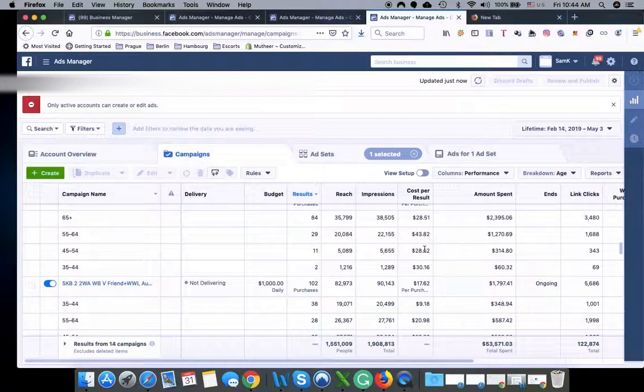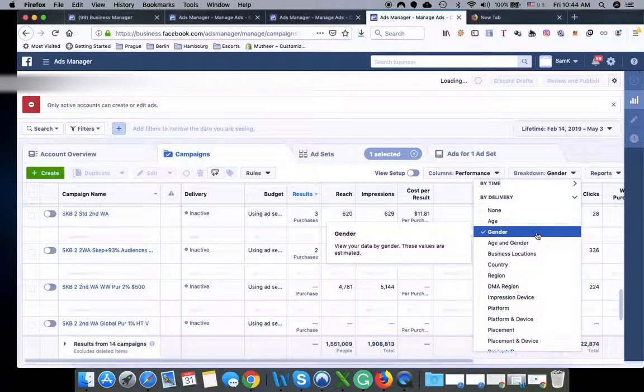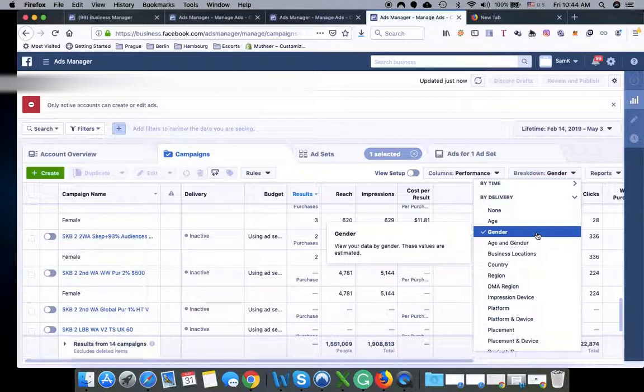So that's kind of the age breakdown. Gender, there's really nothing here. If you click on it, it's all females, simply because I'm targeting only females. But generally speaking, for other niches and other offers, you can do that and see which gender generates the highest sales with the best cost per result, or the opposite, as we said, the worst, and take those off.